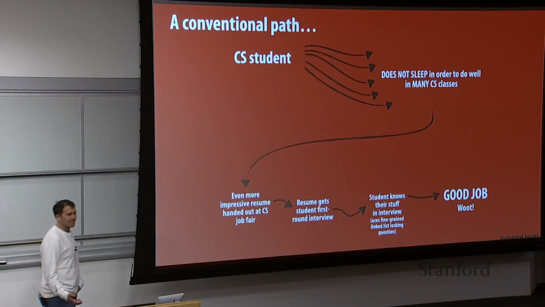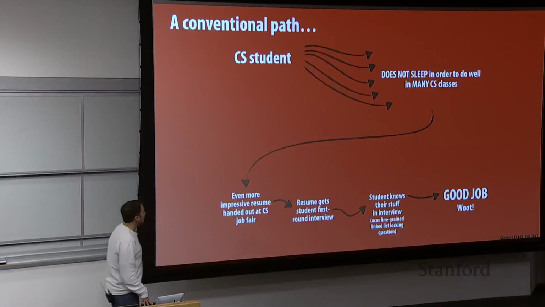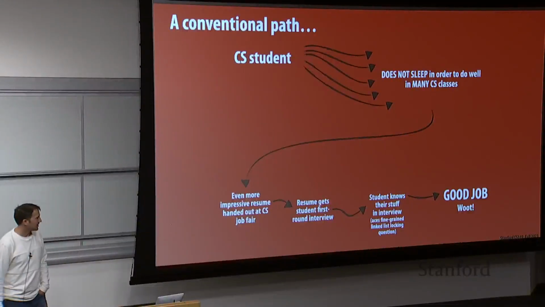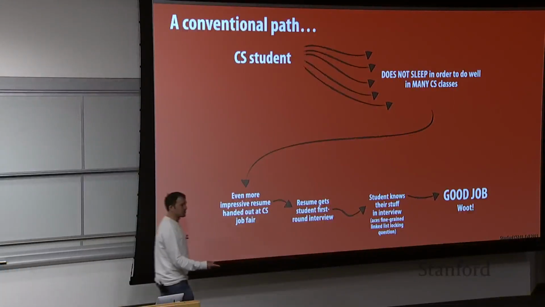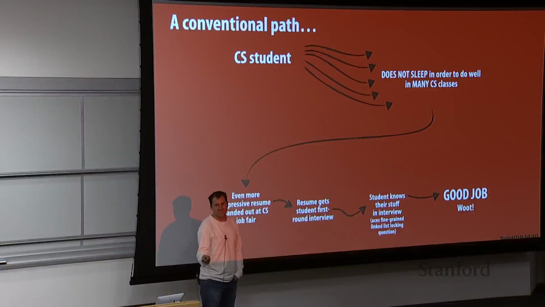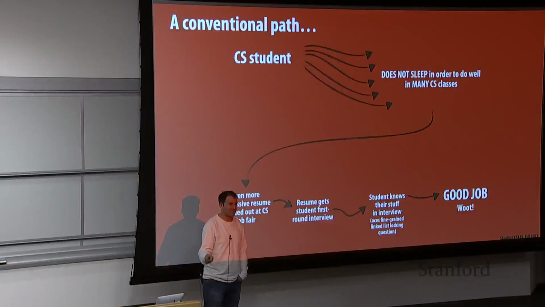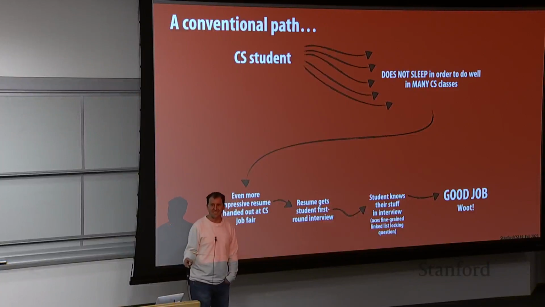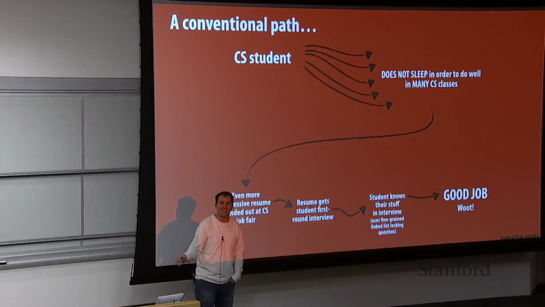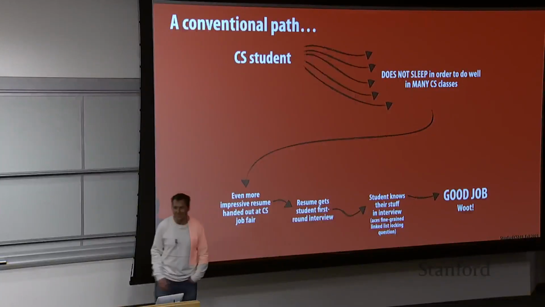I don't know where the hot place is these days, but it used to be if you could get your Facebook or Meta, or at the time Facebook, if you get your Facebook, Google, and Dropbox offers in your senior year, play them against each other, and then you're done. Just go there for 2 years or something like that.